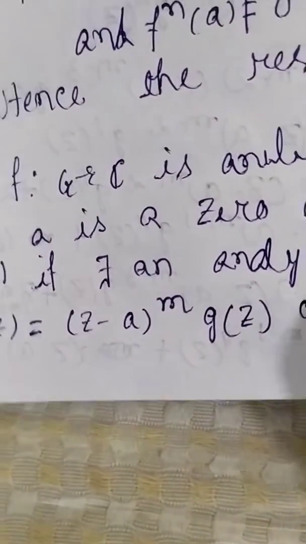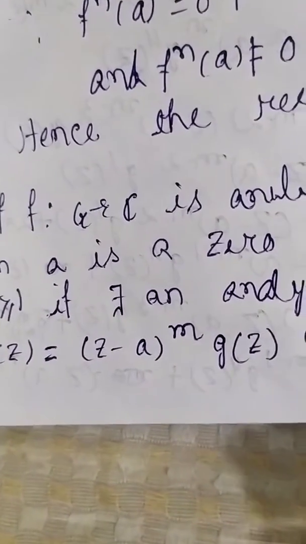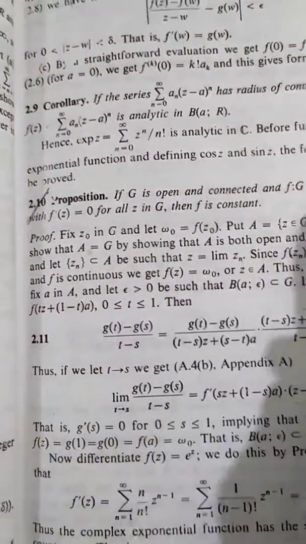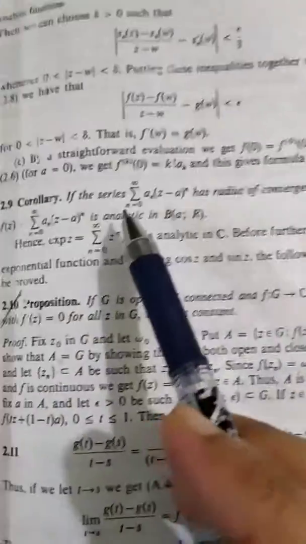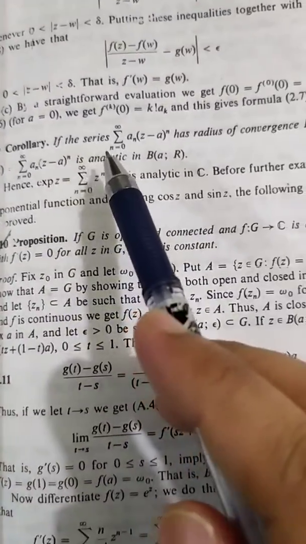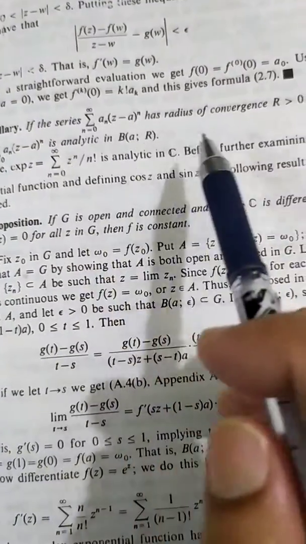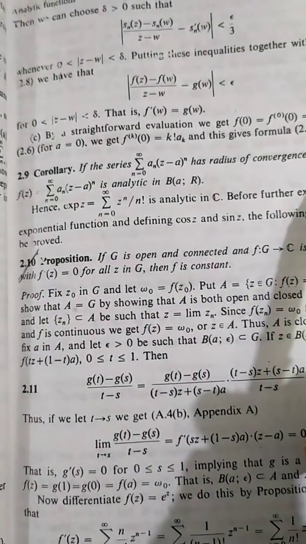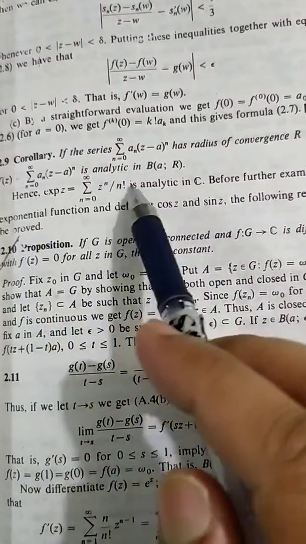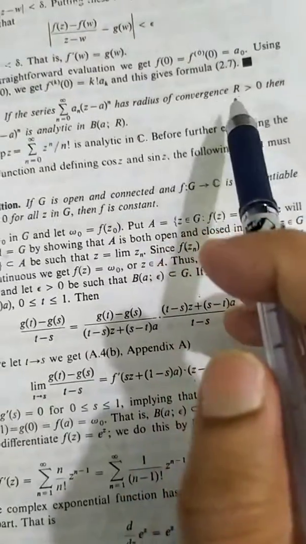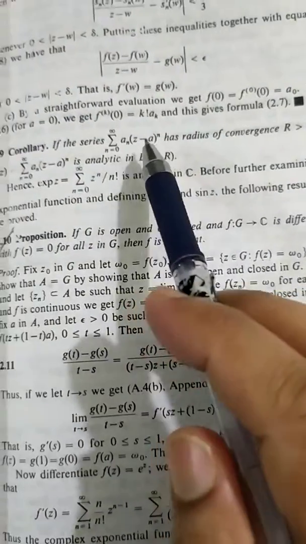And we need another result, which is from 2.9 in the book. You can see page number 37, 2.9. We established the converse part, but this result is already in 2.9. If a power series is given with radius of convergence r greater than 0, then automatically the power series f of z is analytic in the open ball with radius r and center at a.